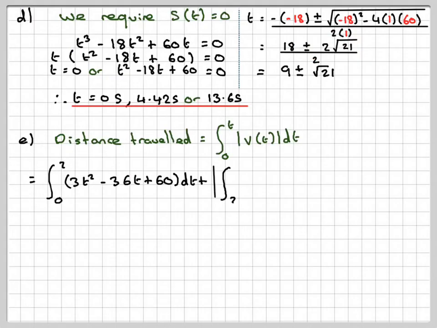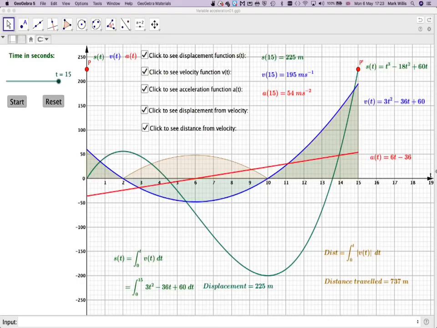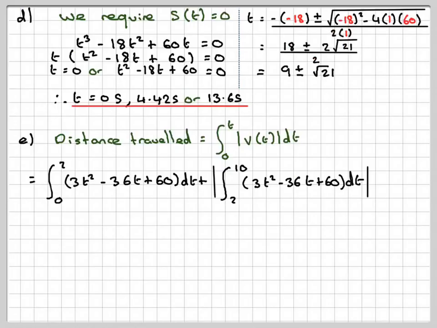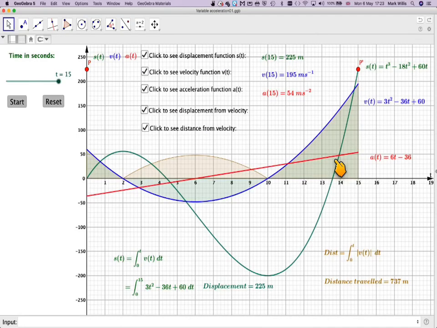And then we need to do the absolute value from 2 to 10 of 3t squared minus 36t plus 60 dt. Or you could just forget the absolute value and put 10 down there and 2 at the top. That's going to be that bit there, which will give me that bit there if I take the absolute value, plus this bit here from 10 to 15 dt, which is going to be this bit here.